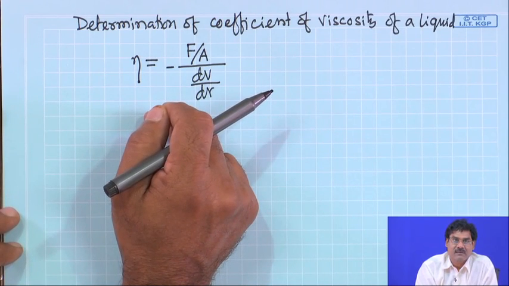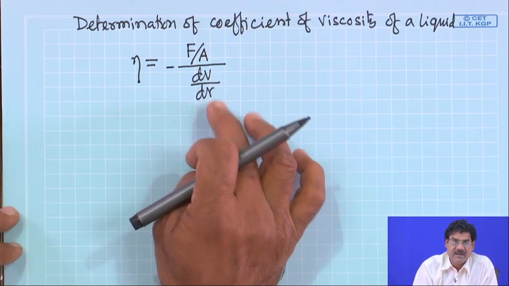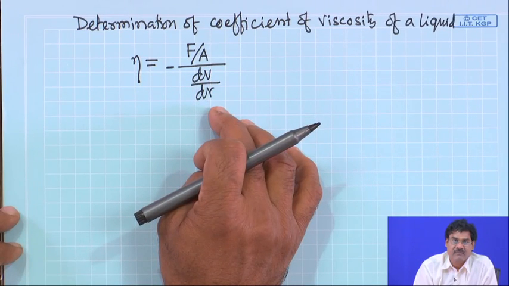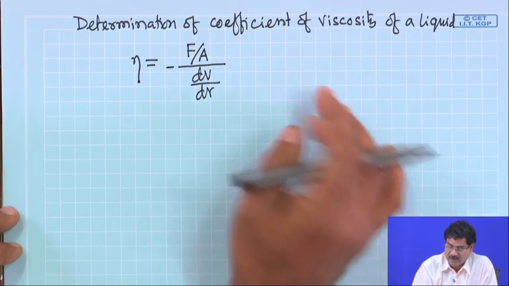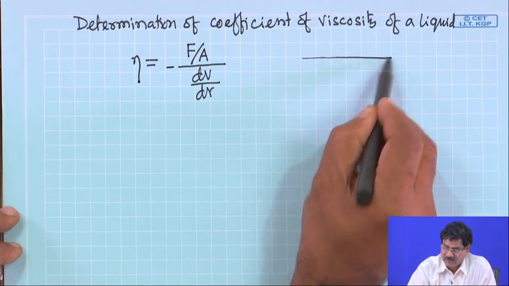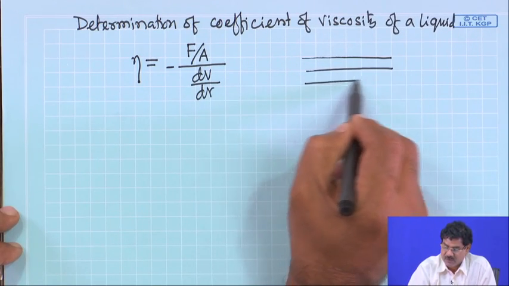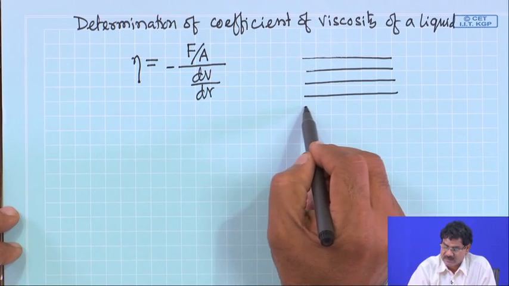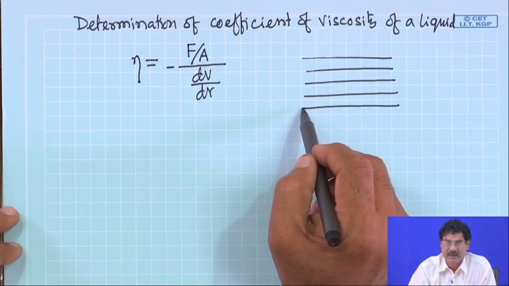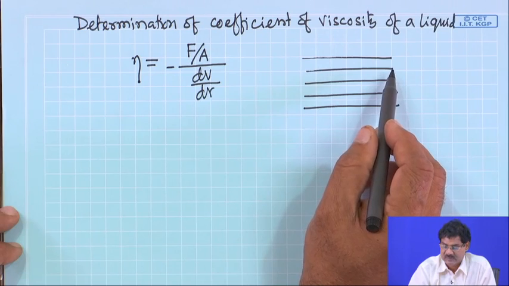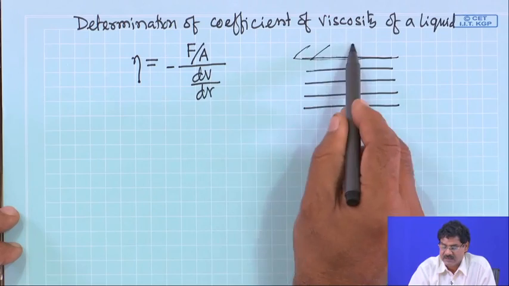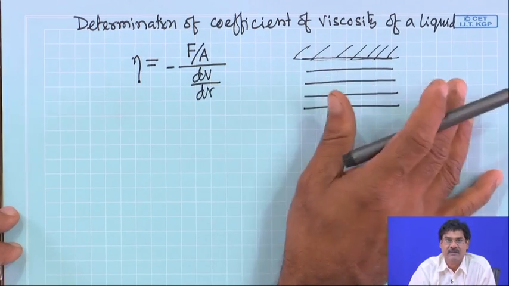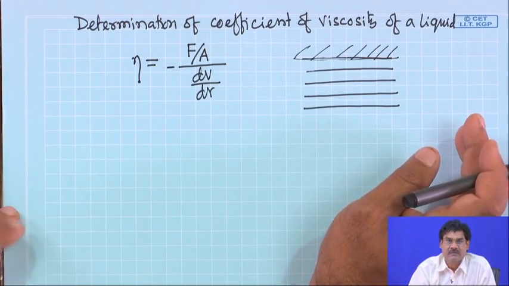Why the negative sign? Because dV by dr is the velocity change between layer to layer. So, water is in motion. Okay. So, if you take different layers of water, at a certain layer, say here it is in contact with a static surface.